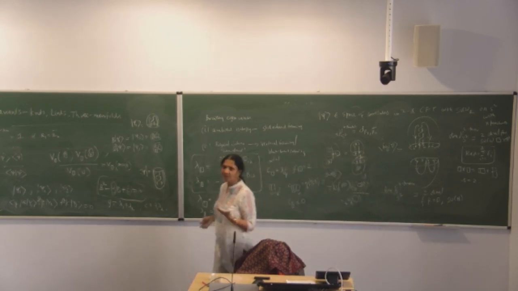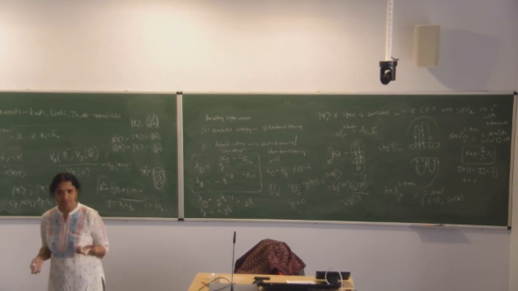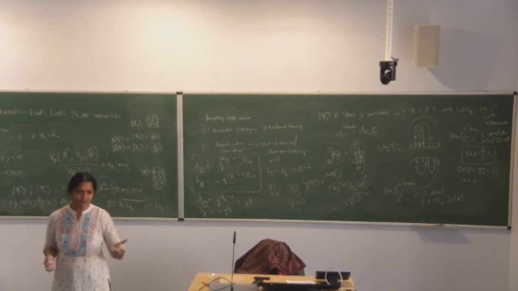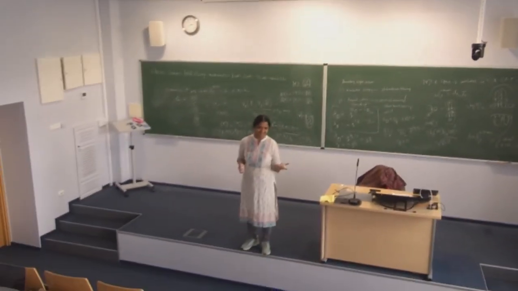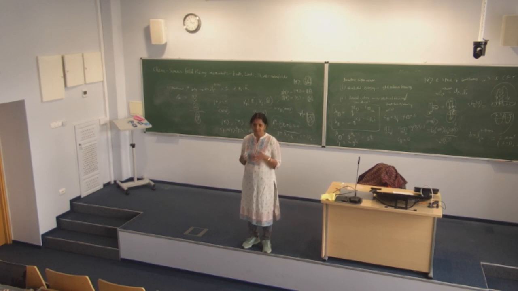Start putting spin 1, spin 3 by 2. Change the group from SU2 to SUN. Then it's a 2 variable polynomial. Now I have a zoo of invariants where I don't need to worry about the skein relation. I can directly compute them. So the direct computation is what makes this really powerful.